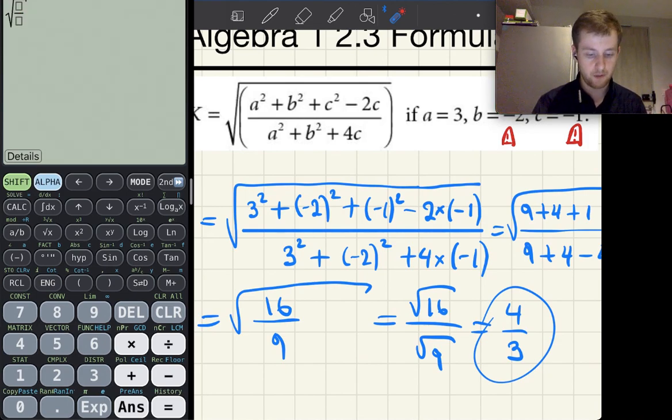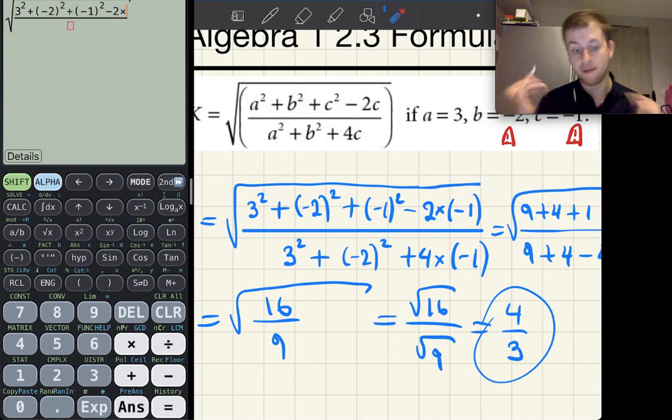So let's just type it. So a squared, we have 3 squared plus, again, brackets here. So brackets -2 squared plus brackets -1 squared. And finally, -2 times, again, brackets, 2 times -1.